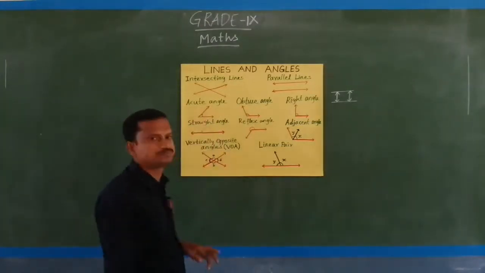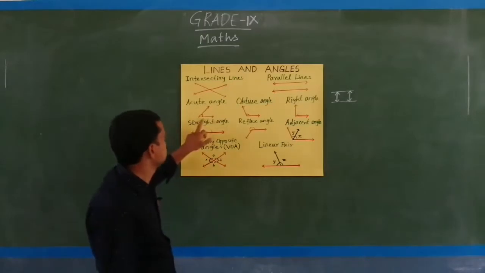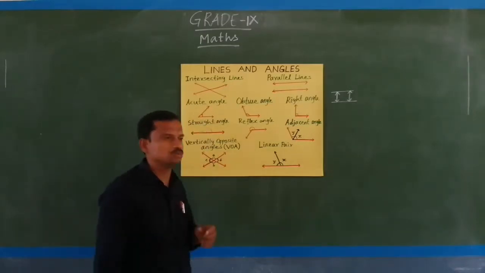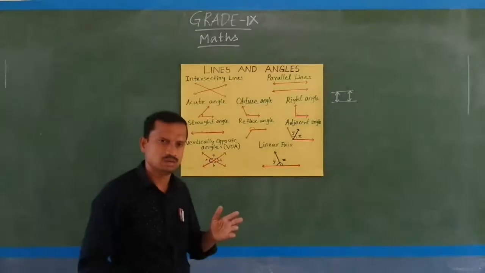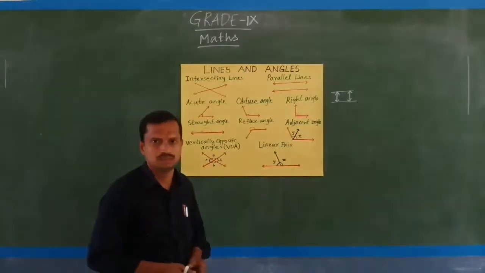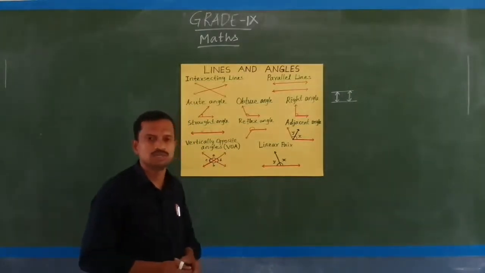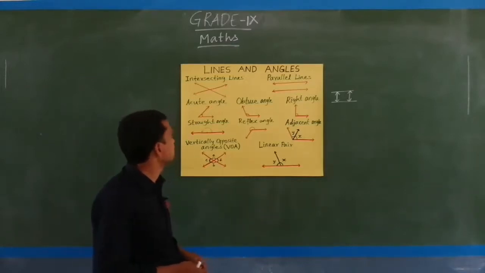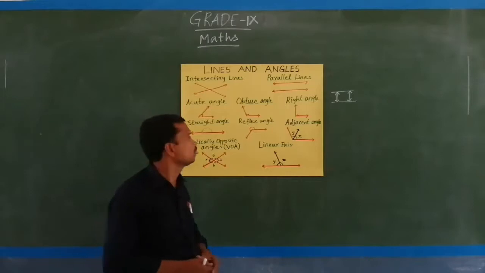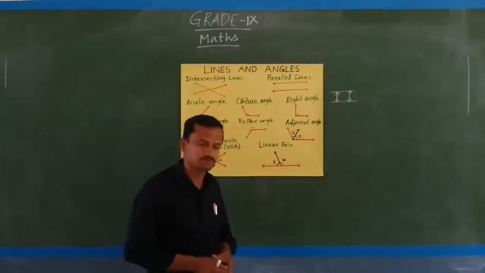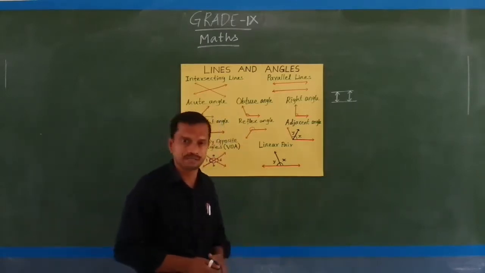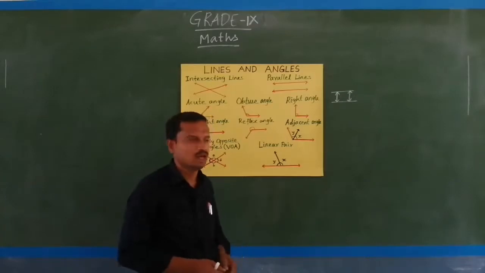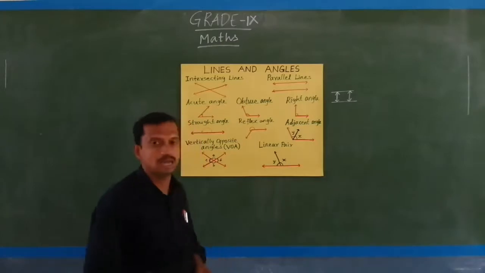Acute means the measure of the angle is below 90 degrees, that means 0 to 90 degrees. Obtuse means more than 90 degrees and below 180 degrees.